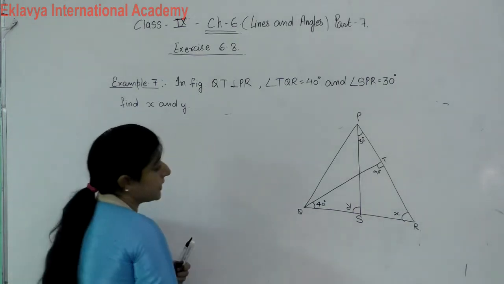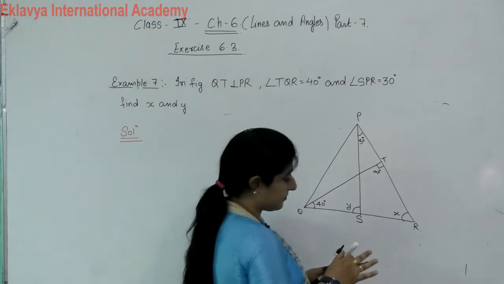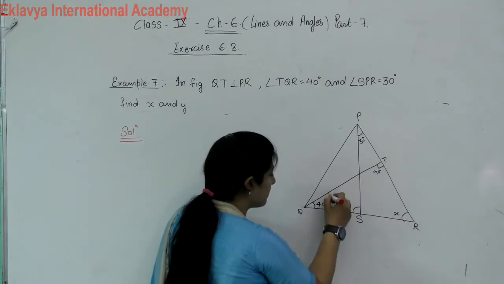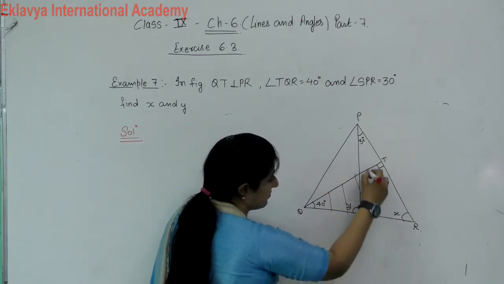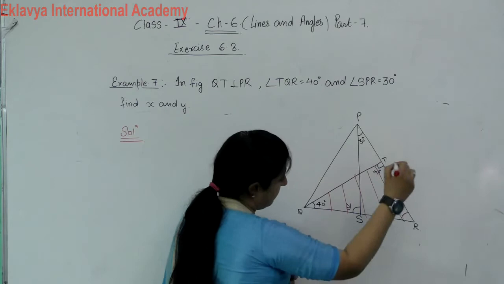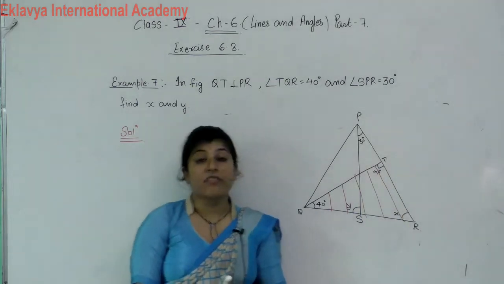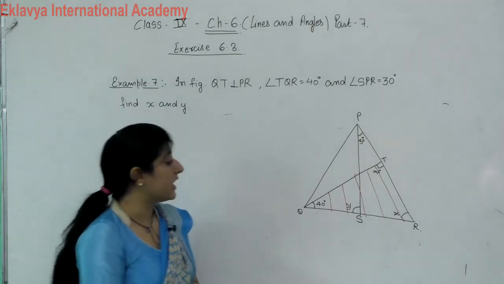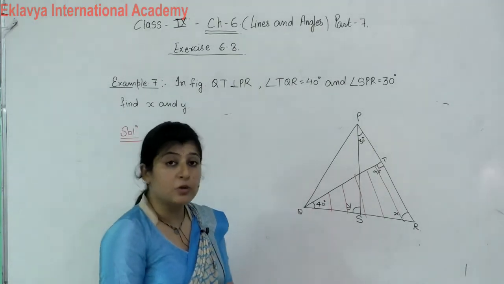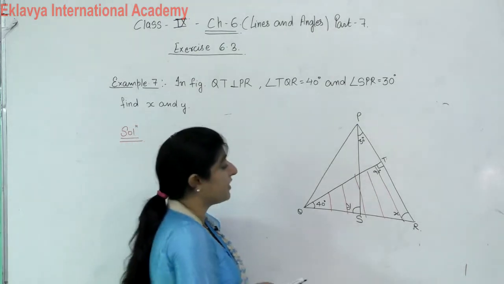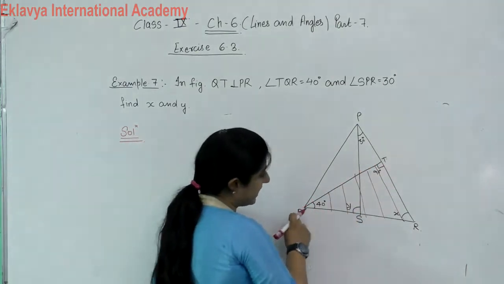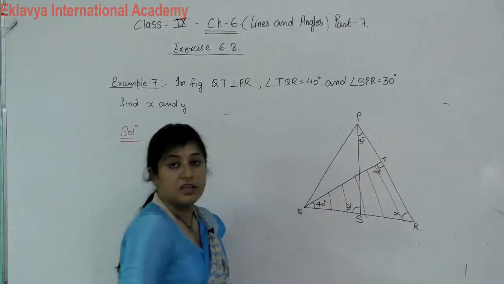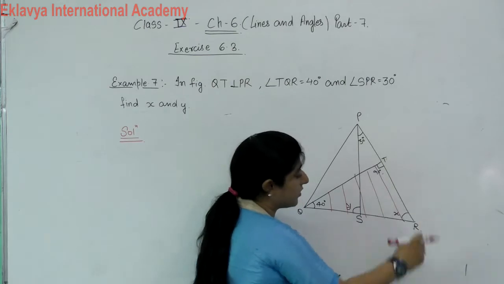In triangle PQR, firstly see. If we are taking triangle TQR, if we know the value of any two angles, then we can find out the third angle value easily using the angle sum property of a triangle. So in triangle TQR, we already have the values of two angles, and we want to find out the value of the third angle.